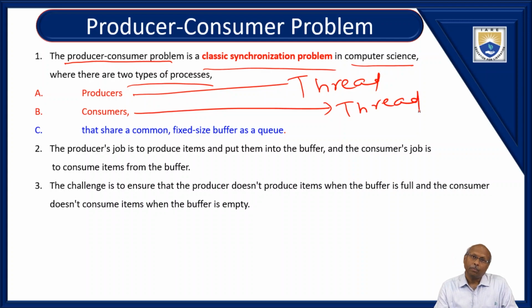Now, the producer and consumer threads have to communicate using a common buffer area. That is my common resource. That common area, which has a fixed size, has to be used by the producer thread as well as the consumer thread.